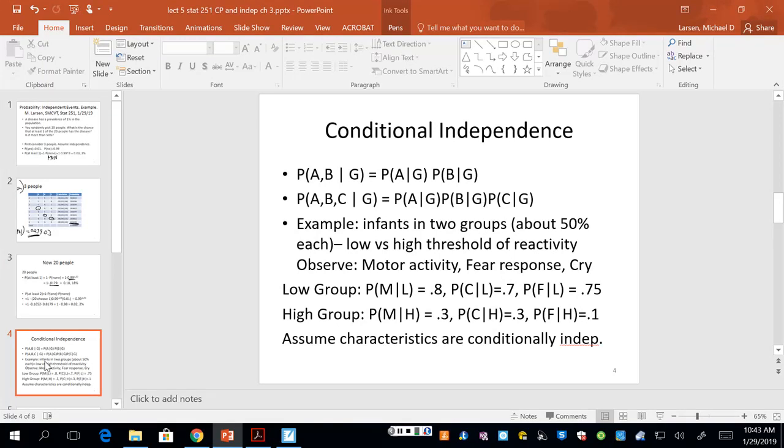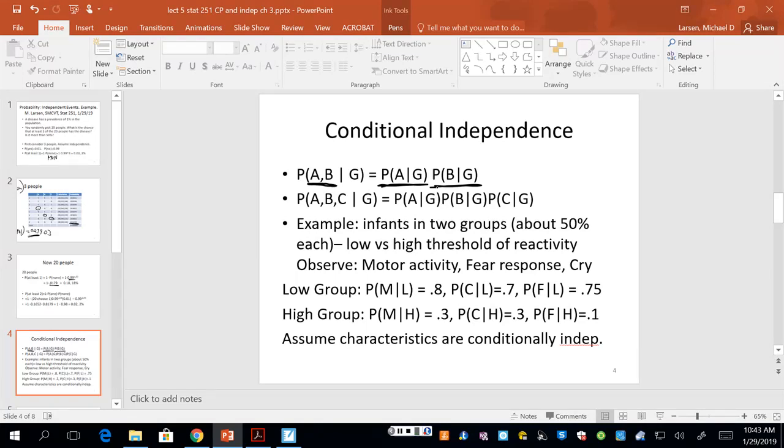And that's called conditional independence. So instead of things just being independent overall, given a group status, things might be independent. If you had 2 events, A and B, and within groups, they're called conditionally independent if the probability of A and B, given a group, is the product of 2 conditional probabilities. Or if you have 3 factors, it would look like that.